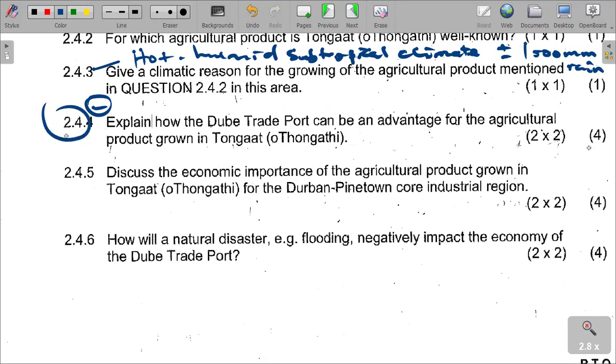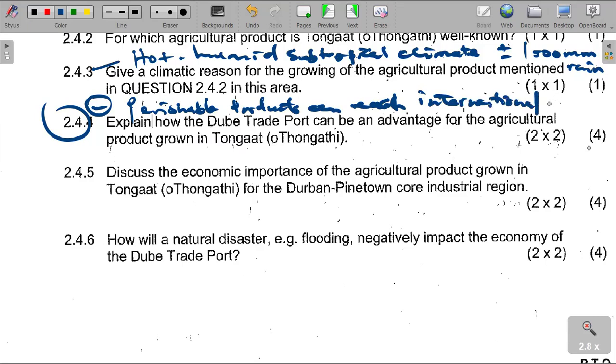Question 2.4.4. It can be an advantage because perishables reach global markets within 7 hours via cargo planes. Perishable products can reach international markets very fast.